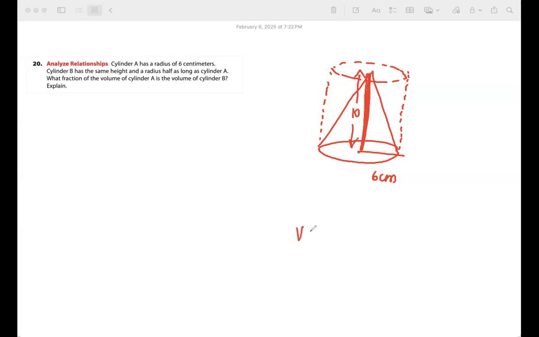Now, can you tell me what is the volume of the cone? We have to use pi, correct?